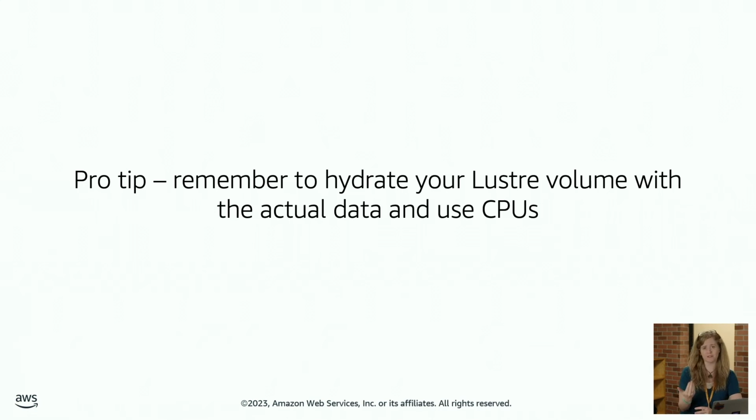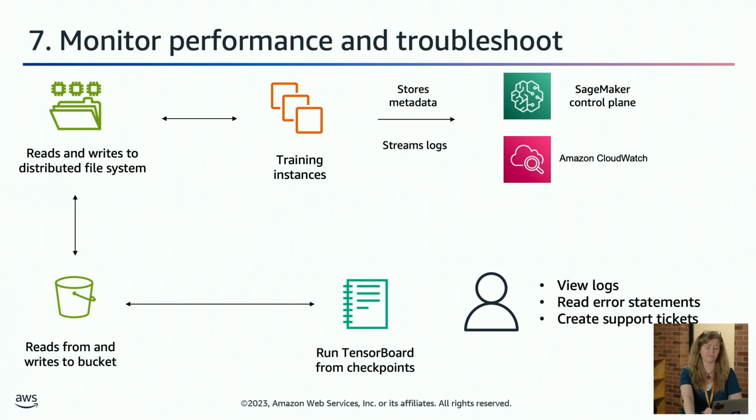So I like to run a CPU job to hit my Lustre volume that just reads the file on Lustre, and then Lustre manages the copy. So you read it from Lustre, that manages the copy over to the volume, and use CPUs for that, because that's going to be a tiny fraction of the cost. Now, honestly, you can use small CPUs for that, because your CPU is literally just reading. So it can be a very inexpensive job, but just remember to hydrate that thing.